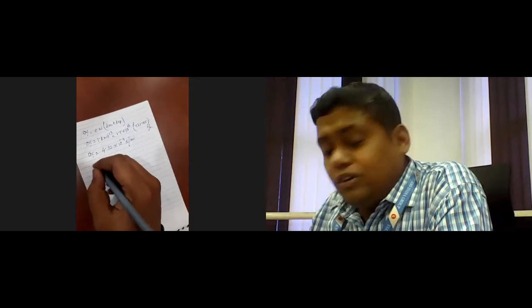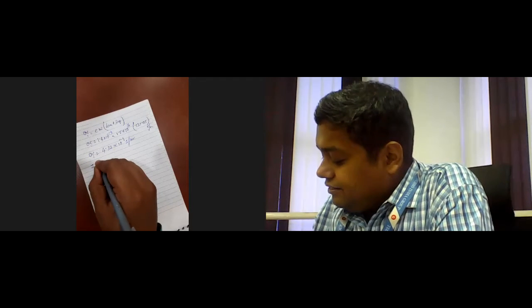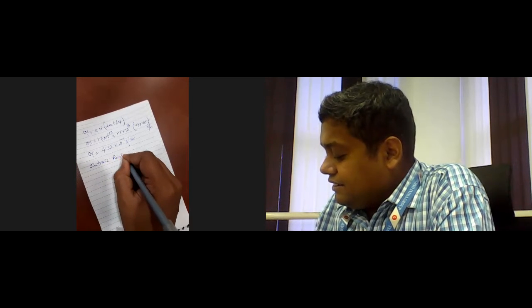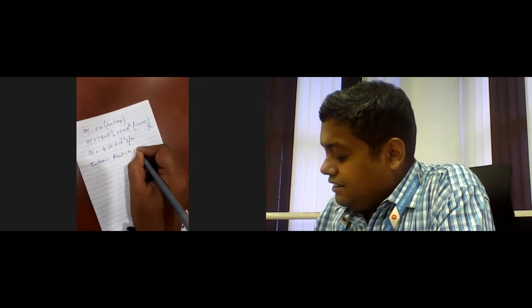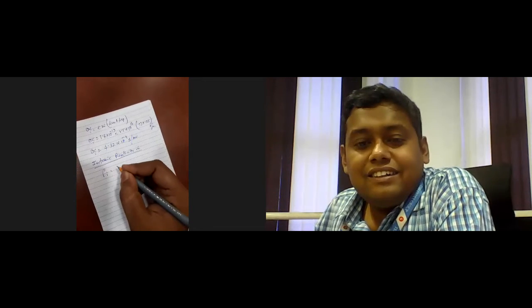Now they want to know the intrinsic resistivity. What is the relation between the resistivity and conductivity? It was already introduced in the 12th standard physics class, in the chapter on heat.